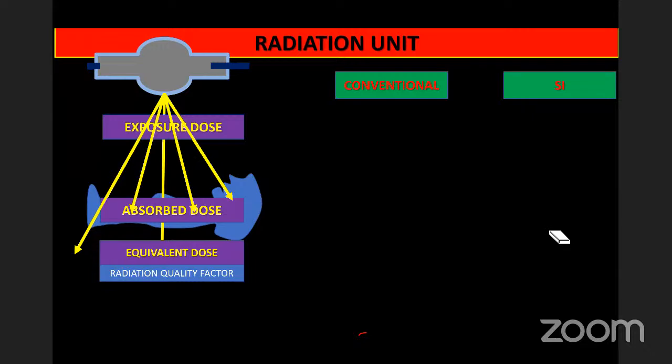Why will the pelvis be more sensitive to radiation? What are the dividing cells that are present in the pelvis? There are gonads in the pelvis. So yes, they are more sensitive.